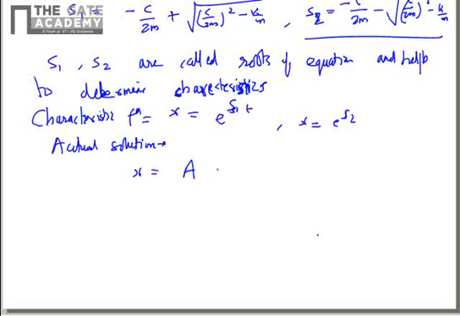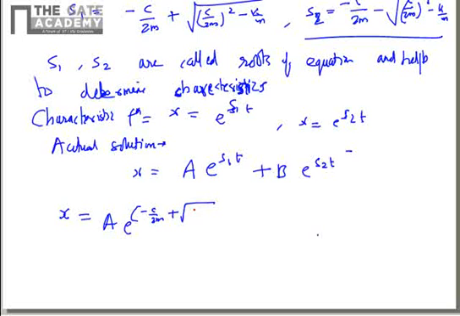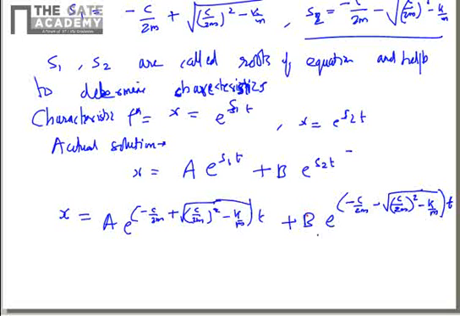So x will be equal to A times the first characteristic function, e to power s1 t, plus B times e to power s2 t, the second function. So this becomes our solution, and substituting the values of the roots, we get x equal to A e to power of minus c by 2m plus root over c by 2m whole square minus k by m, t, plus B multiplied with e to power of minus c by 2m minus root over c by 2m whole square minus k by m, t.